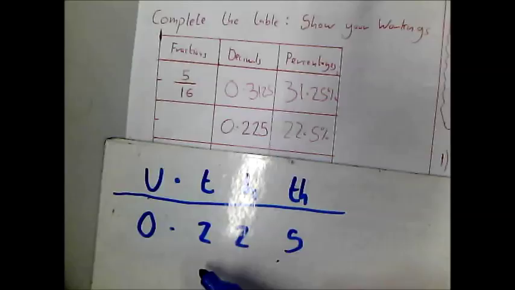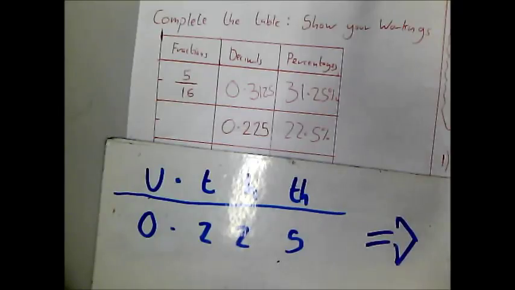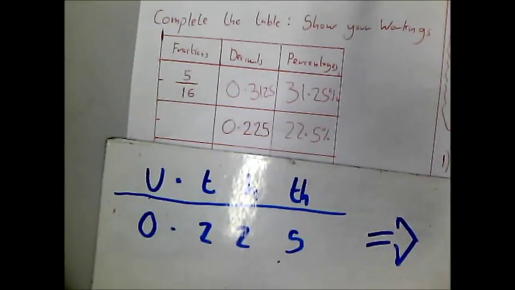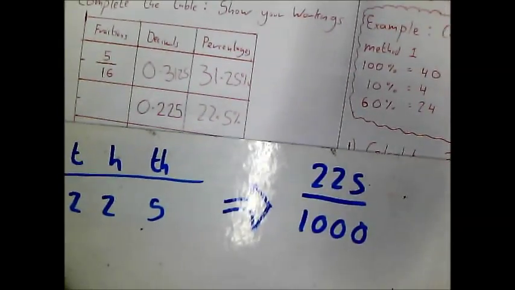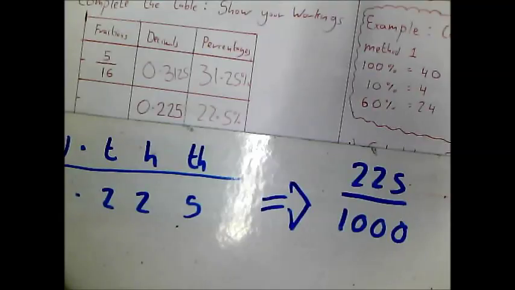I've got 225 thousandths. So I'm going to write that as a fraction, 225 thousandths, like this.